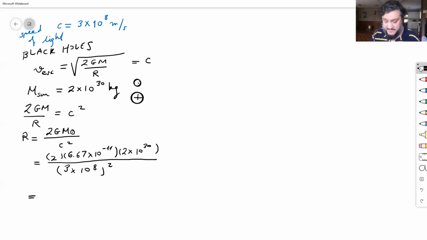Okay, so 2 times 6.67 times 10 to the negative 11 times 2 times 10 to the power 30, divided by 3 times 10 to the power 8 squared. This is 2,964 meters. It's about 3 kilometers.